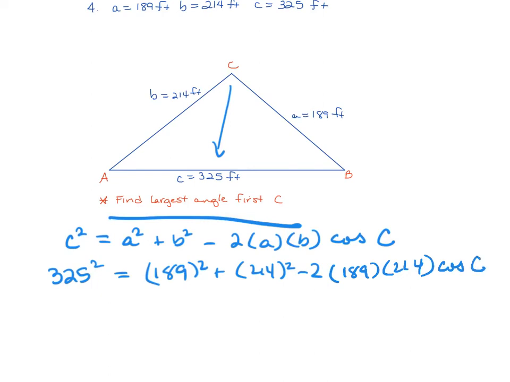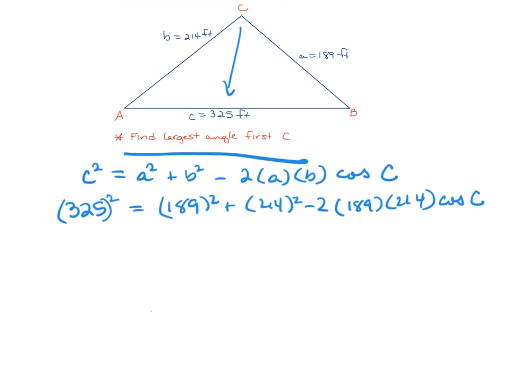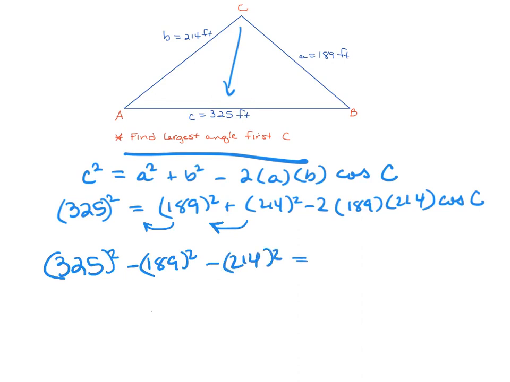So again, this is the one that you cannot do continuous in your calculator. So we could do it step by step, or remember we could move these two over. So we could do 325 squared minus 189 squared minus 214 squared is equal to -2 times 189 times 214 times the cosine of C. Let me go ahead and multiply this out.